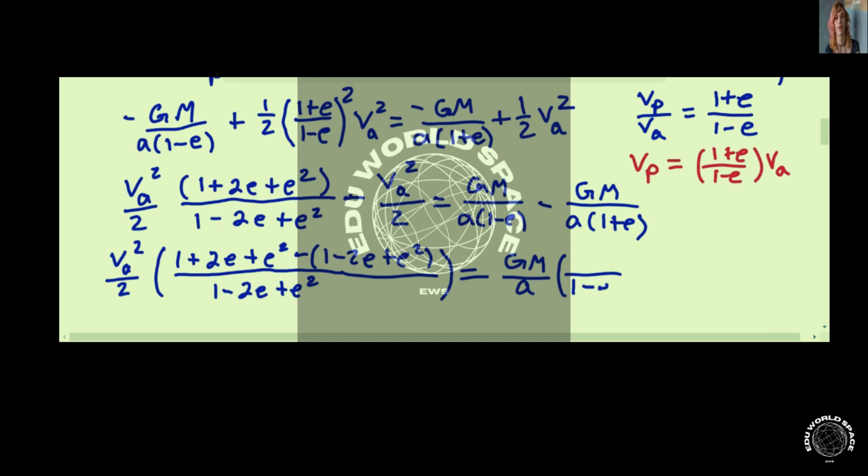So it'll be 1 minus E squared because both denominators are now going to be 1 minus E times 1 plus E. So the term on the left was already 1 minus E in the denominator, so I multiplied numerator and denominator by 1 plus E. The term on the right already had a 1 plus E in the denominator, so I multiplied by 1 minus E in the numerator and denominator, so that both have a full denominator of 1 minus E squared, which is 1 minus E times 1 plus E.